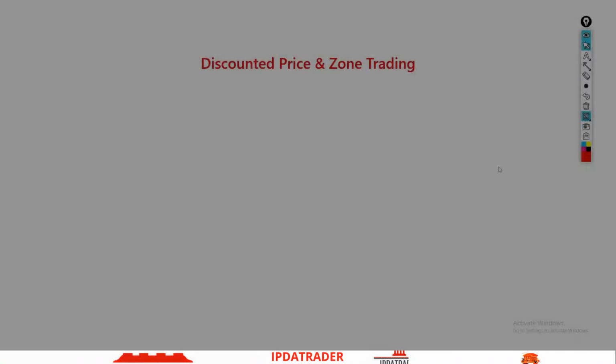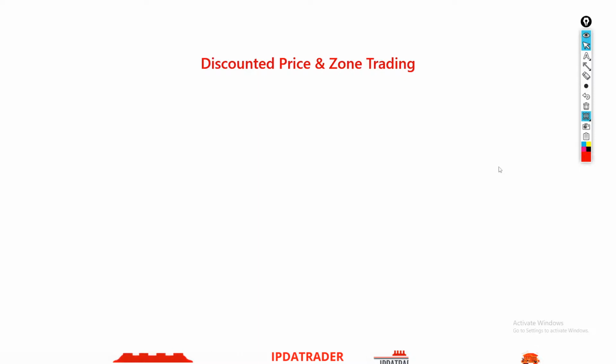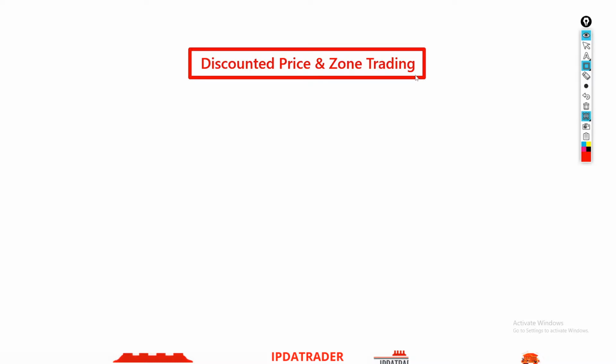Okay traders, we're on the drawing board as we usually do on this channel, and as I said before, we're going to be taking a look at discounted prices and zone trading. We're going to be discussing that topic today. So matter of fact, let me actually get started by drawing a potential ranging and consolidating market, right?